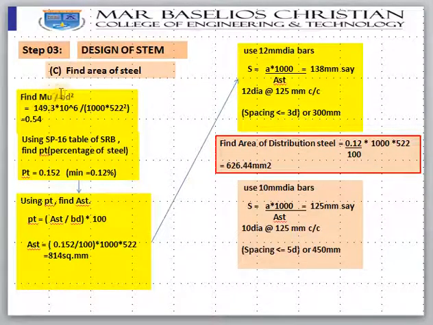So find Mu by BD square. Mu is 149.3, this B is only 1000. So using that you will get 0.54.